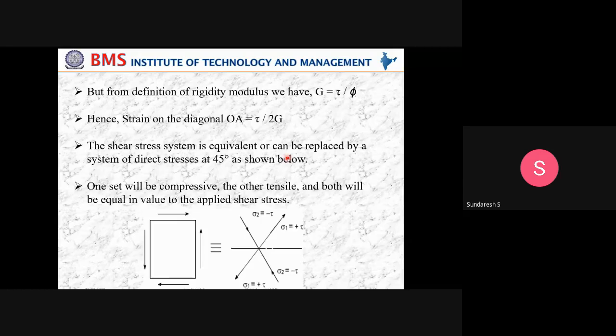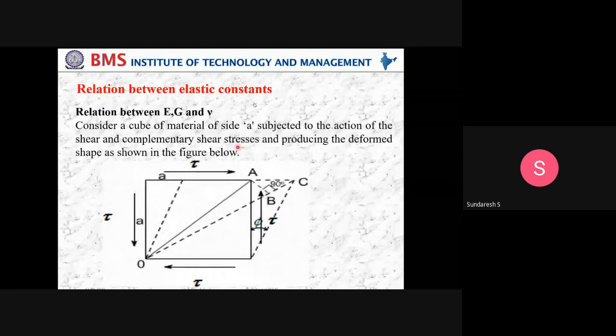Now if you take a very small element along OA, since you are applying a shear stress or a shear load, the strain along OA or the stress along OA will be tensile in nature. And along the other diagonal, it will be compressive in nature. This is what they have shown over here.